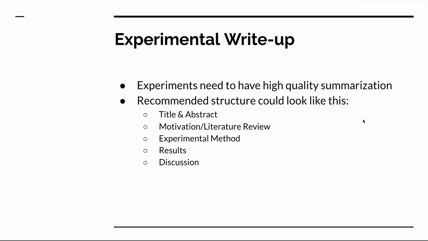And finally, the experimental write-up. If you have the experiment and have analyzed the results, now you need to get it to the public and write an article or something about it. The author recommends a structure which could look like this: title and abstract, motivation, literature review, experimental methods, results, and discussion.